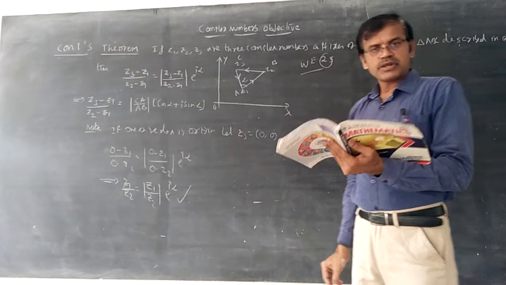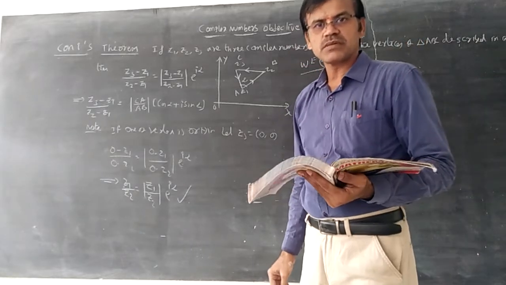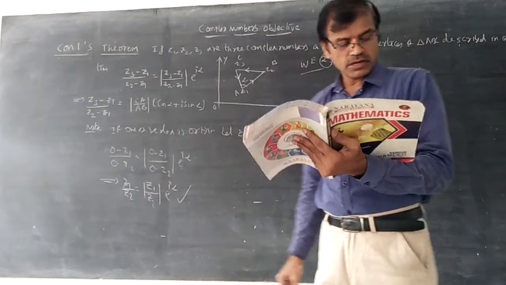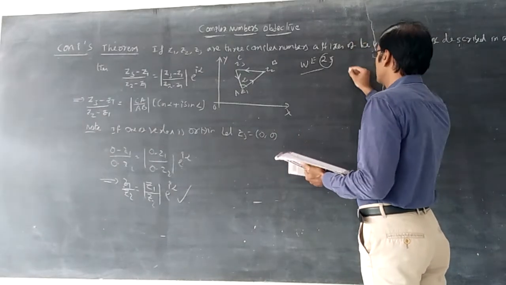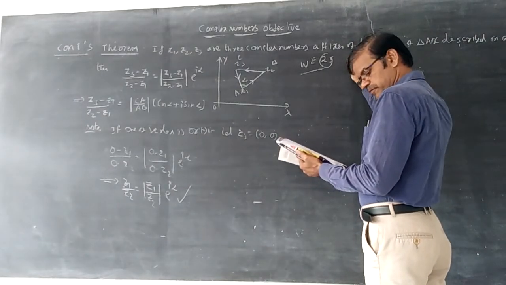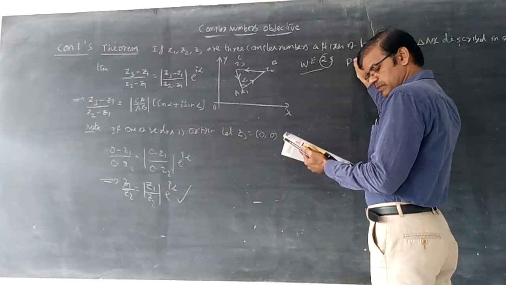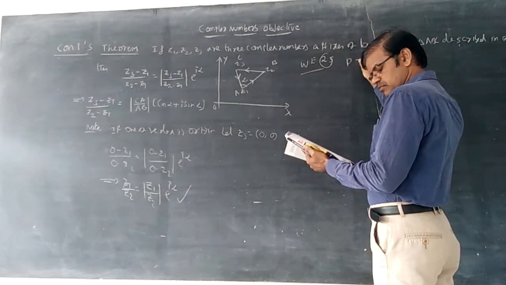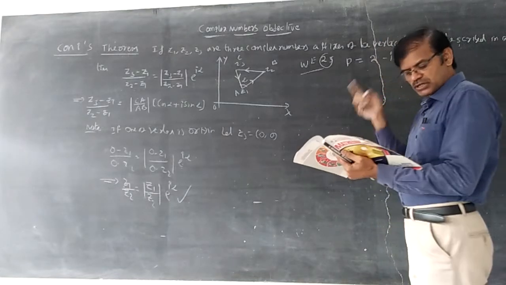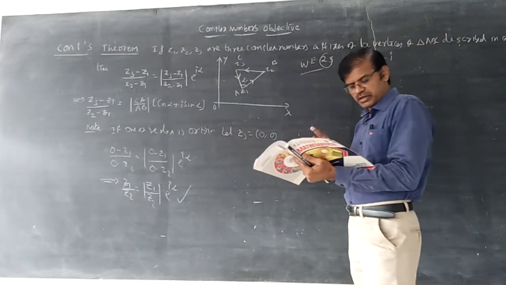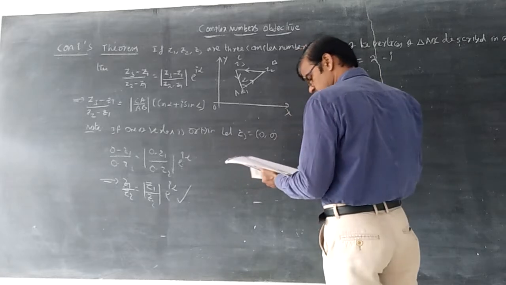The point represented by the complex number 2 minus I is rotated about the origin through an angle pi by 2 in the anti-clockwise direction.